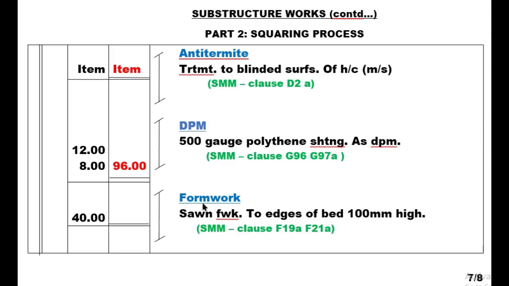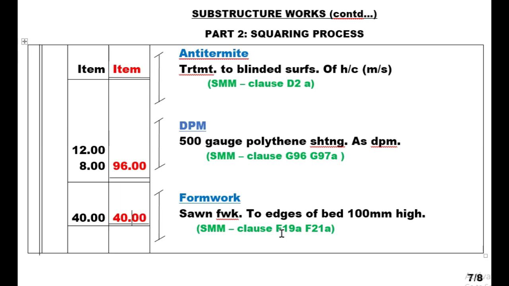The 15th element will be a formwork, and the explanation will be sawn formwork to the edges of bed, and that formwork must be 100 millimeters high because it is going to receive the concrete that is going to be done on that structure. So we use the perimeter all around to have the length of this formwork. So if I have to square this, I'm going to treat this one as linear measurement, giving me 40.00 meters.